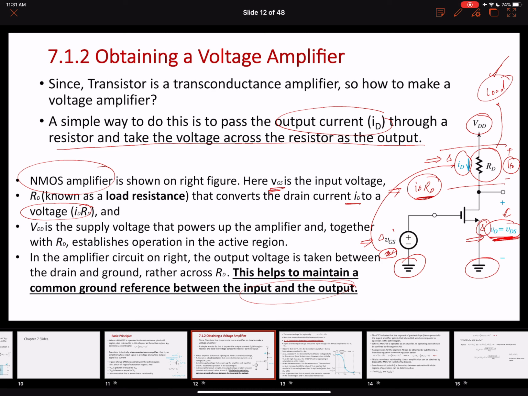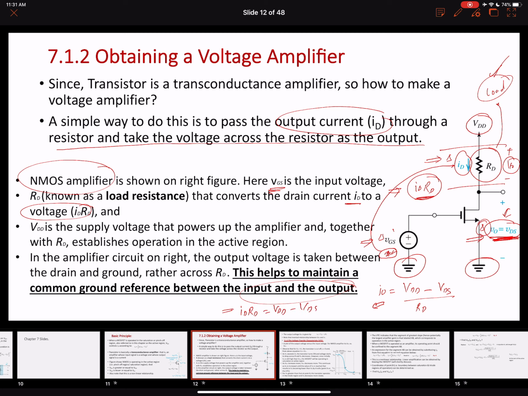Now, let's write down the equation for the output voltage. We know that ID equals VDD minus VDS over RD, which means IDRD equals VDD minus VDS.